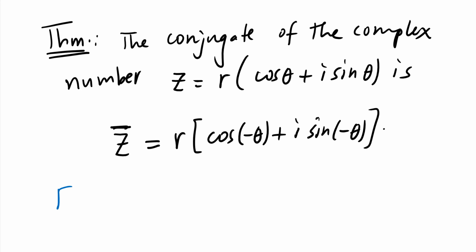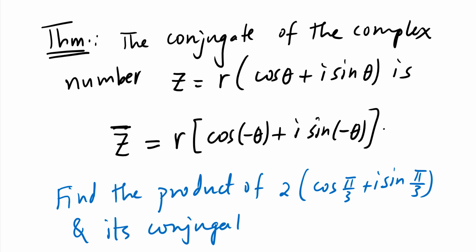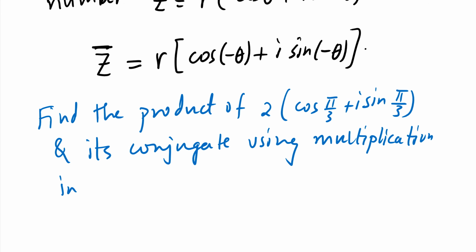Example: if we are asked to find the product of 2 times cosine pi over 3 plus i sine pi over 3 and its conjugate, using multiplication in trigonometric form, so we can't use other methods.